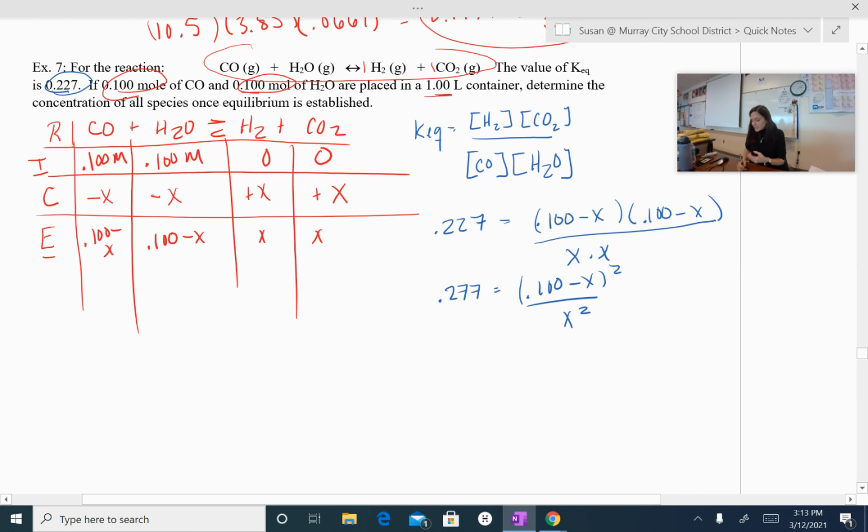So this is a perfect square, so I can square root this. If I square root both sides, I can get this. So I'm going to take 0.227 and square root it.